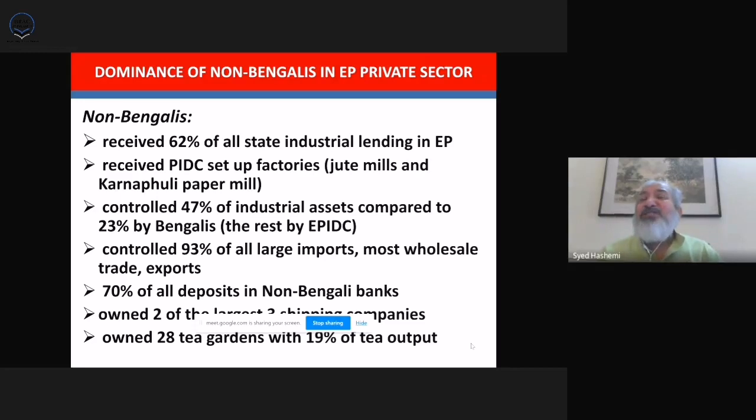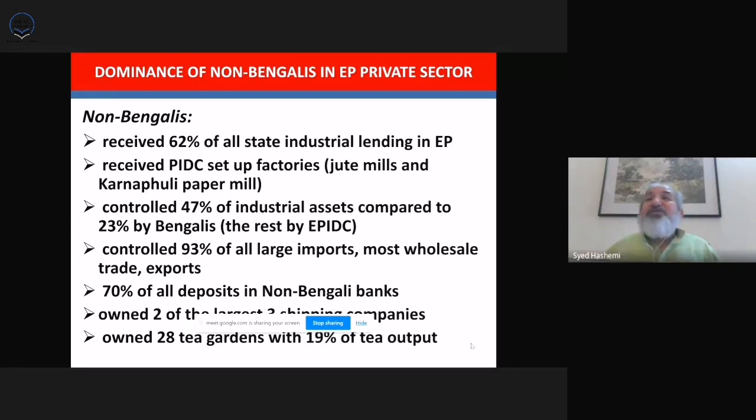So non-Bengalis received 62% of all money that the government was providing to set up industries in East Pakistan. It was coming in the name of East Pakistan to set up industrial enterprises, but almost two-thirds of it, it was non-Bengalis receiving it.